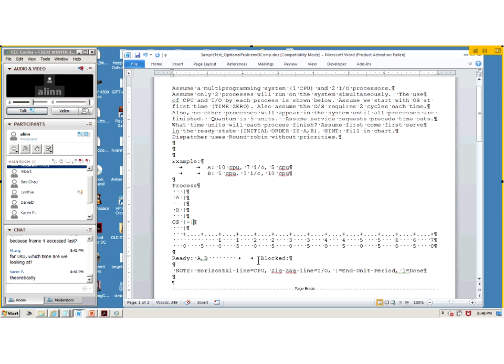So we need to have another list going on here. So let me do it this way. I'm going to start A up. So in my ready list I still have B. I don't have any blocked, but A is running, and that's what these 2 units of OS did.